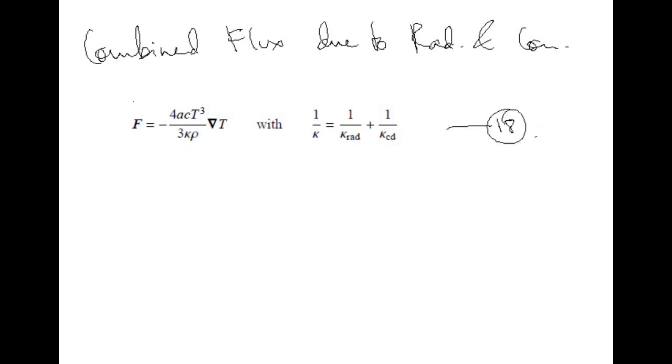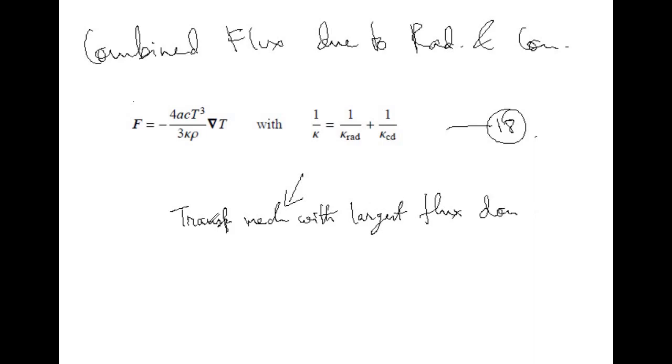Now, what this result means is that the transport mechanism with the largest flux dominates. That is, the mechanism for which the stellar matter has the highest transparency.